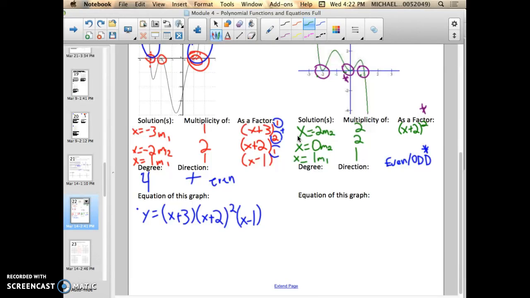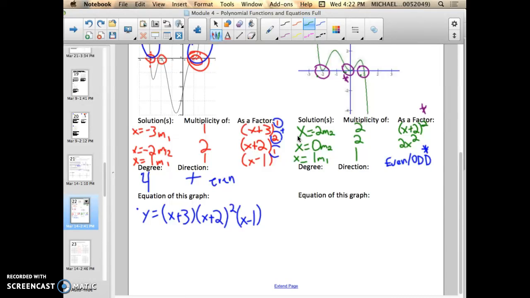This is where, remember, if x equals 0, the solution is 0, then the only factor that works with that is a single x, either being multiplied by a number or just x by itself. So I could have something like 2x, and because of that multiplicity of 2, it has to be squared.